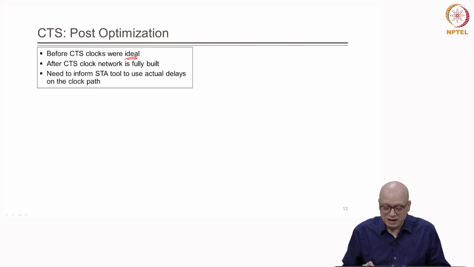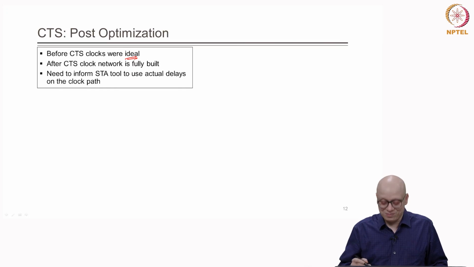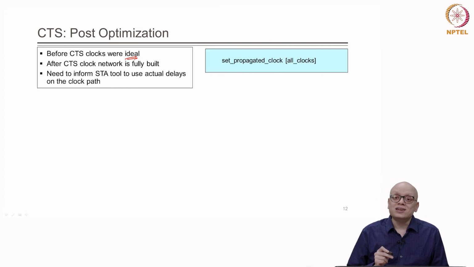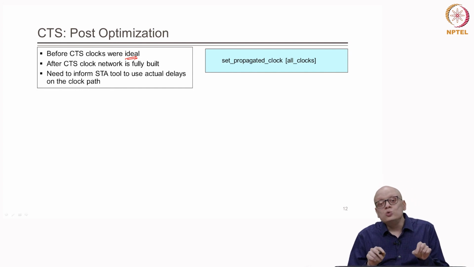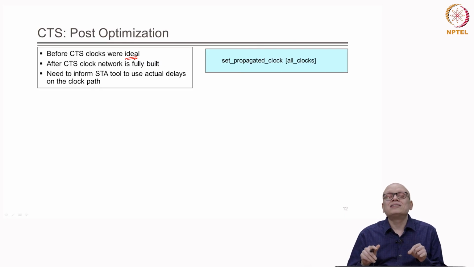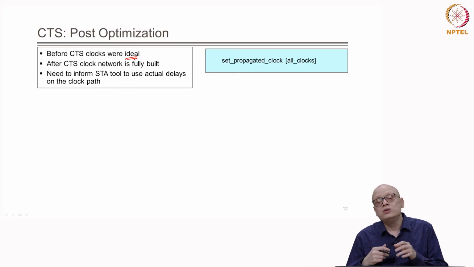Therefore, once we do CTS, new violations can come up. To do the timing analysis, we also need to instruct the static timing analysis tool that clock tree synthesis has been done, and to use the propagated delays of the clock signal rather than the set clock latency and the network latency and source latency that were used earlier.